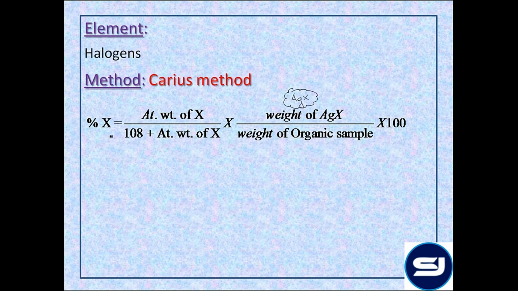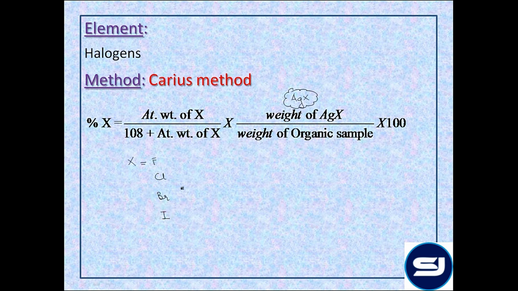So, the percentage of halogen is equal to the atomic weight of halogen upon the atomic weight of silver halide, into weight of silver halide upon weight of organic sample, into 100. Now, silver atomic mass is 108. So, silver halide would be 108 plus the atomic weight of the halogen. Now, the halogen could be fluorine, chlorine, bromine, iodine.